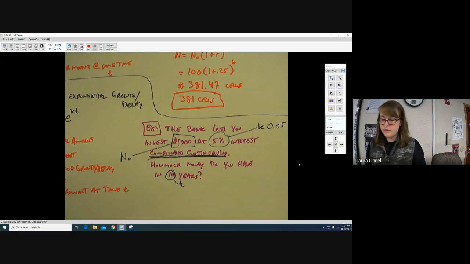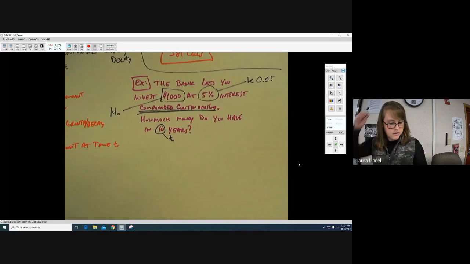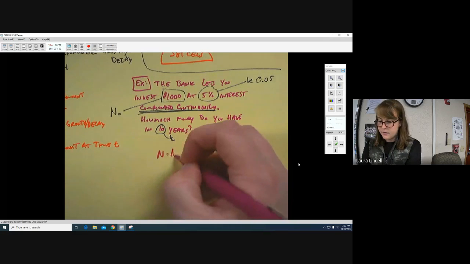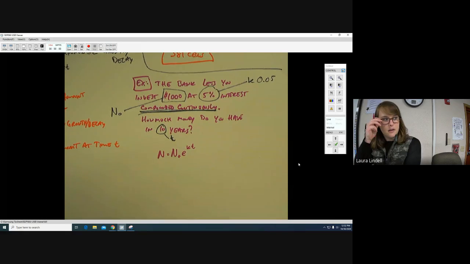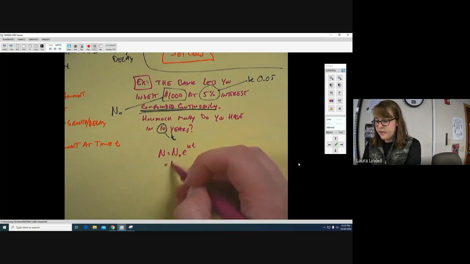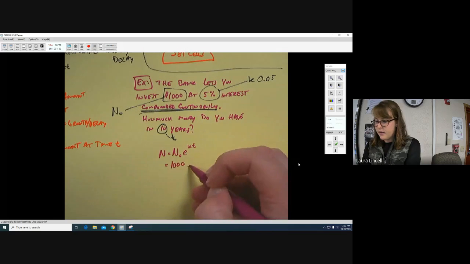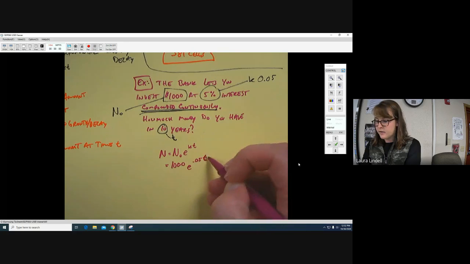Okay. So here we go. We have N equals N naught e to the kt. And we're plugging things in. So N naught is 1,000, e to the 0.05t, and then t was 10 years, so 0.05 times 10.